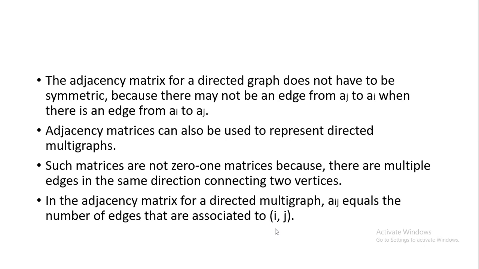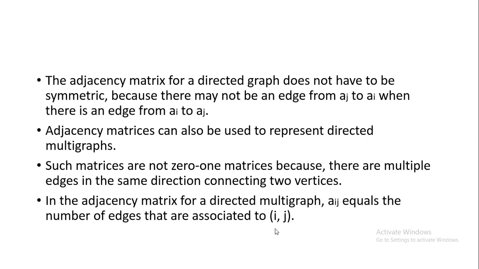There is an edge from i to j, but no edge from j to i. Then how can we say that it is symmetric? For symmetry, the condition is that if an edge from i to j is present, then the edge from j to i must also be present. Then only we can say the two vertices are symmetric. So this adjacency matrix for a directed graph does not have to be symmetric.